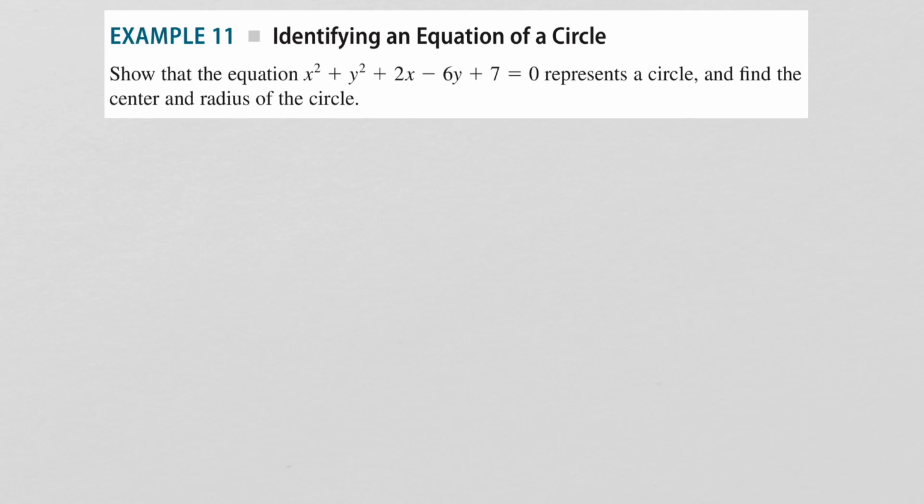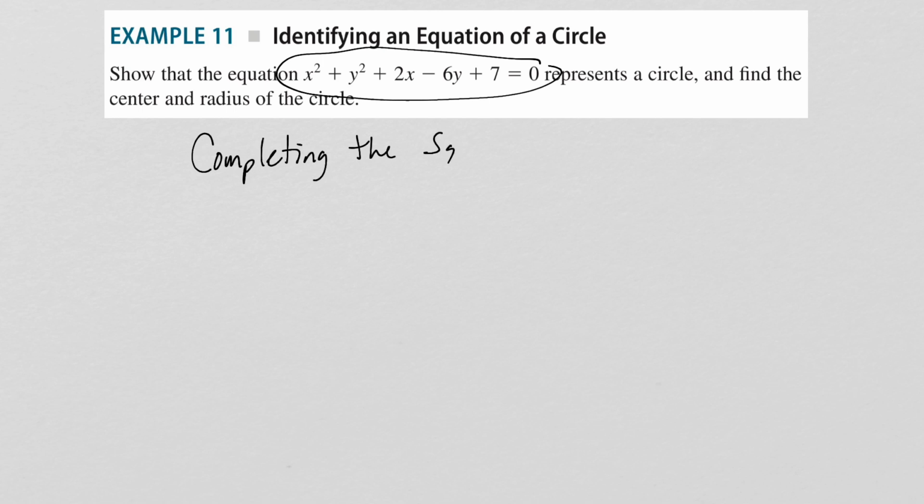Next, we want to identify an equation of a circle. So let's show that this equation represents a circle, and then we're going to find the center and the radius of the circle. And to do this, it will involve the technique of completing the square. So what I'm going to do is rewrite this equation by grouping the x terms together and then grouping the y terms together.